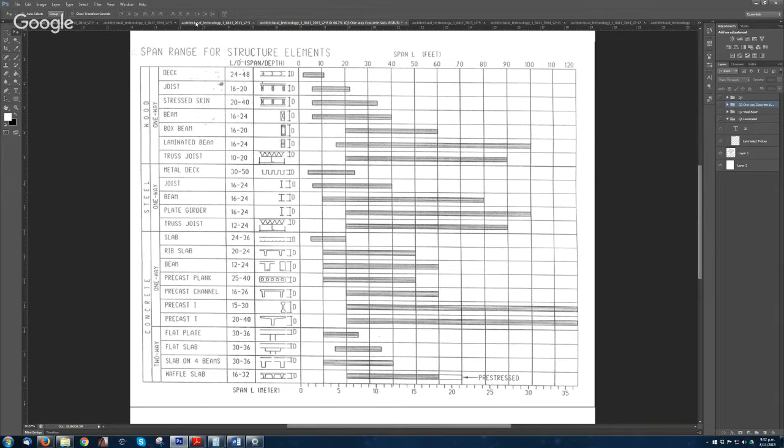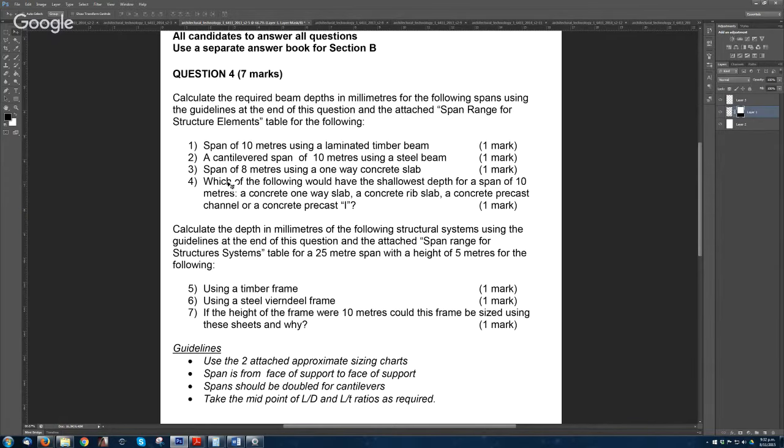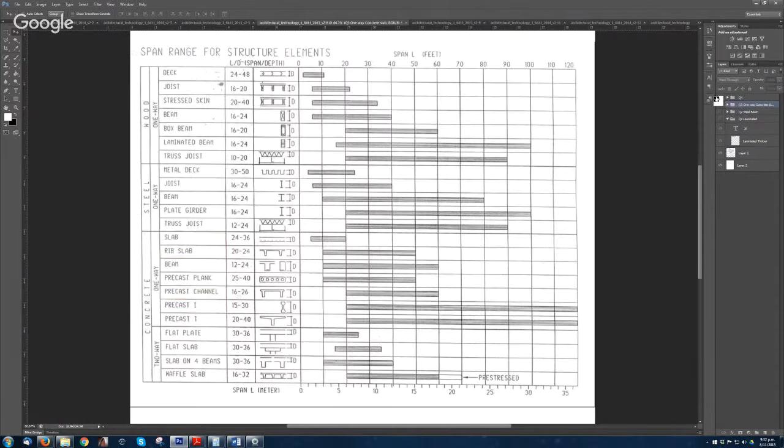Question 4. Which of the following would have the shallowest, meaning the smallest depth for a span of 10 meters? Concrete one-way slab, rib slab, precast channel, or precast eye? So it's those 4 here. And to know which one's going to be the shallowest, first, what's the span?